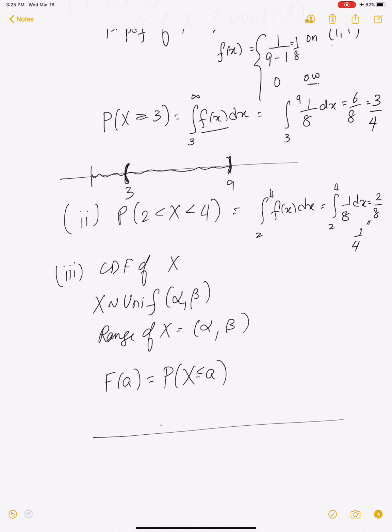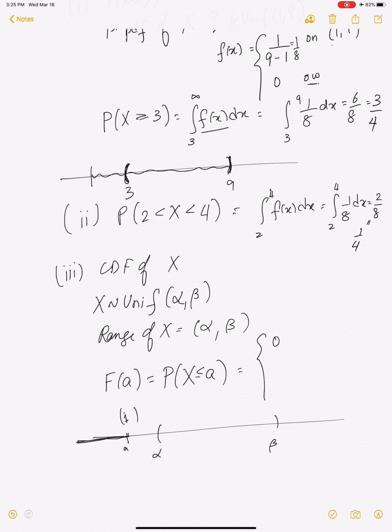Let's draw this. Let's say you have alpha and beta. Suppose in case 1, a is less than alpha. What's the probability x is less than a? Well, you know x is always between alpha and beta, so the probability x is less than a number less than alpha is 0.